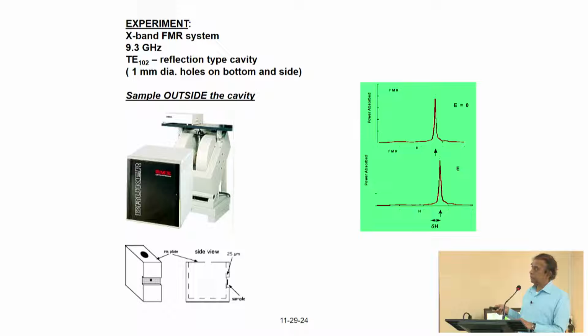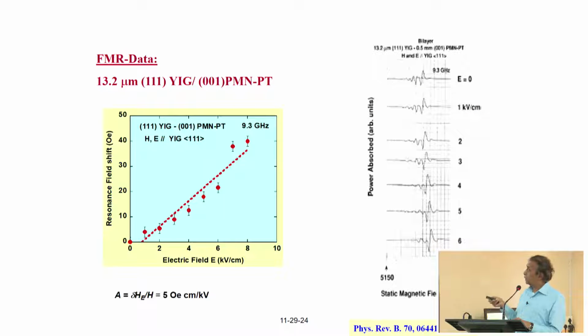So, this is the experiment where you look at the shift in the ferromagnetic resonance in an electric field and estimate the converse magnetoelectric coefficient. And this is one example that I showed earlier. It's on yttrium iron garnet, and these are the first derivative of the power absorbed by the film.